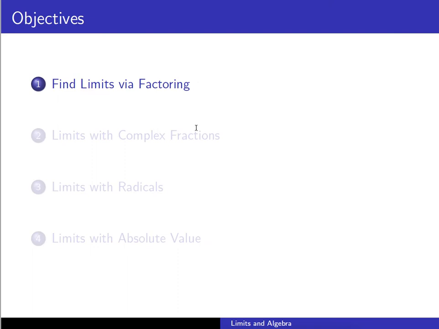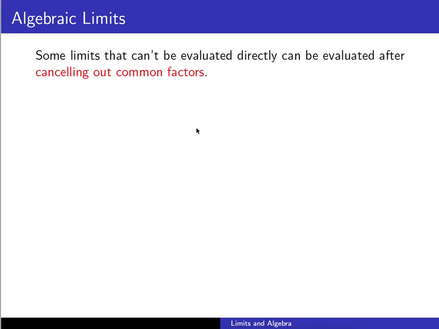So in this video, we're going to look at finding limits via factoring, which can speed things up for quite a few of the problems that we've looked at in the past already. Some limits that can't be evaluated directly can be evaluated after you cancel out or divide out some common factors.